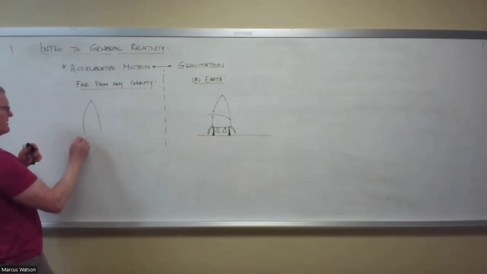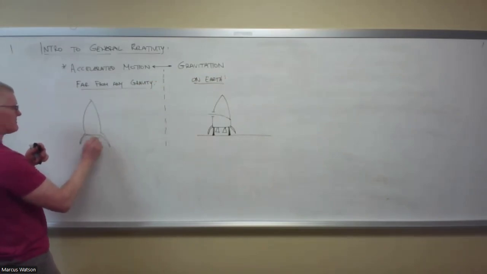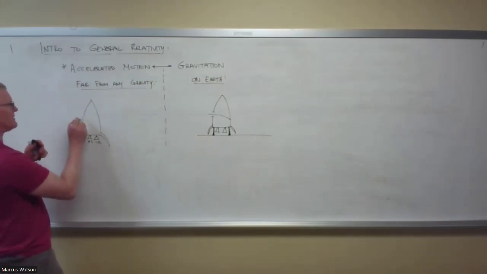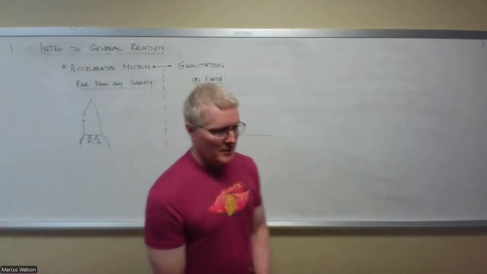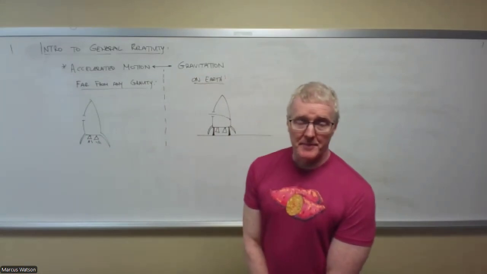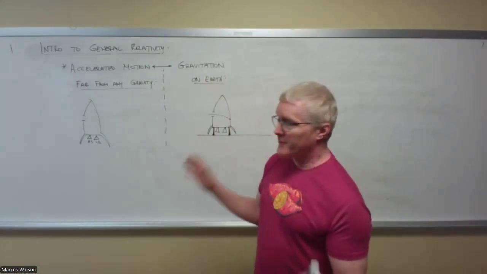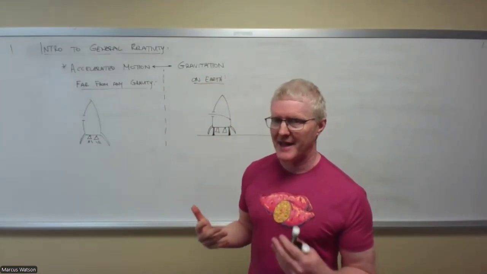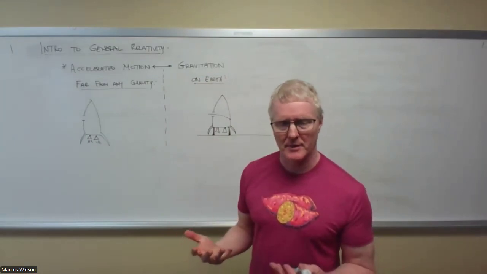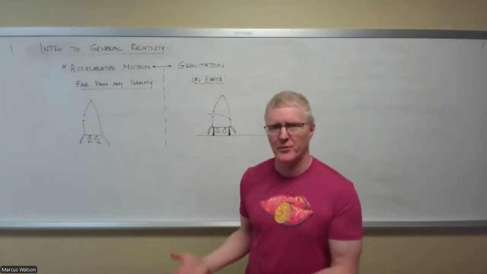Here's the rocket ship again, and it's got its window right here. And we're going to flip the engines on, because if there were no engines on, then we would not have any weight, right? We wouldn't be pressed to the floor.